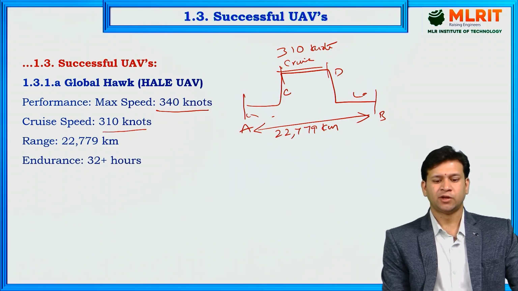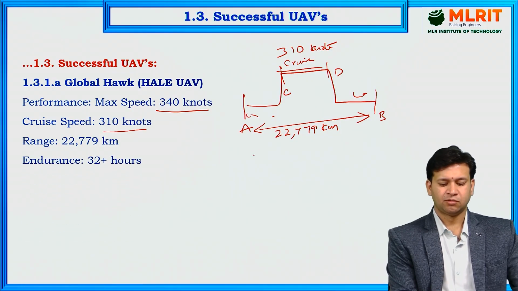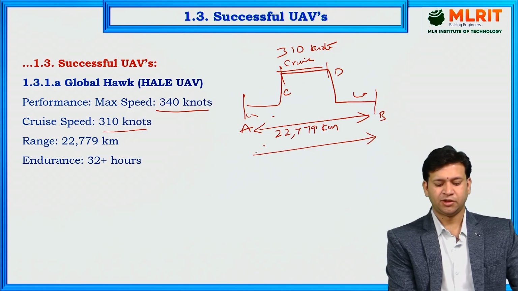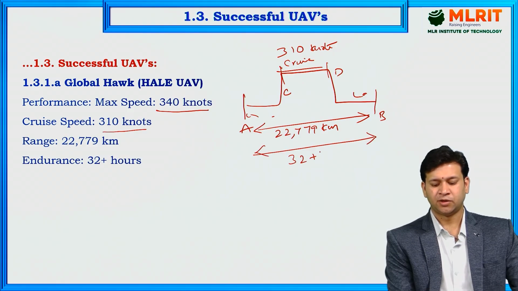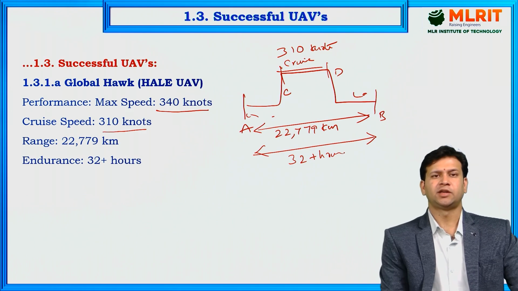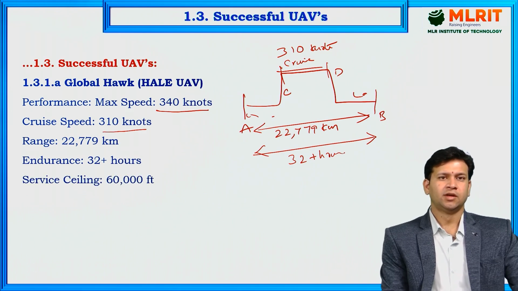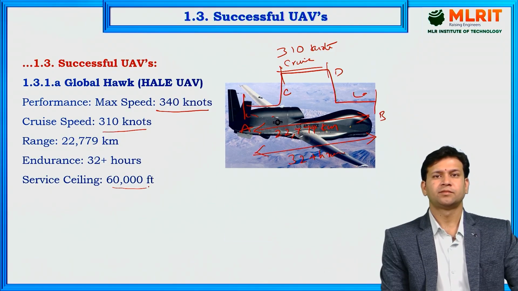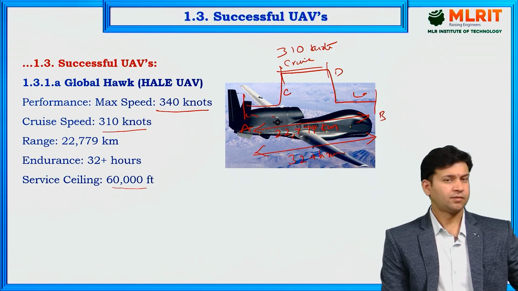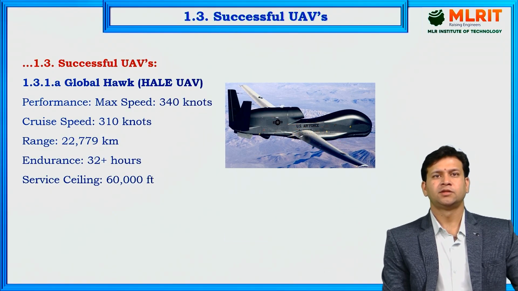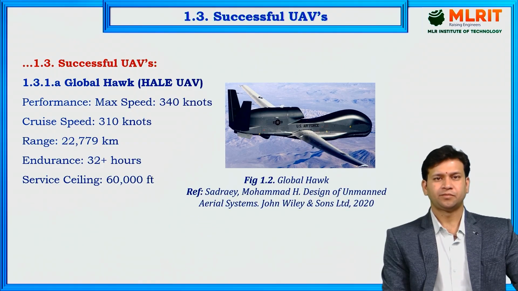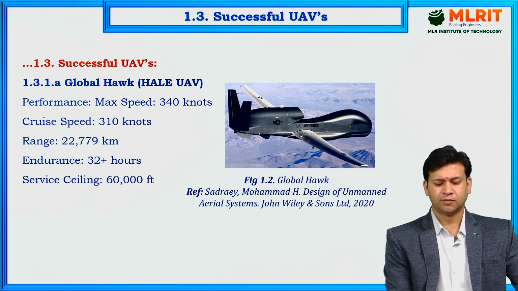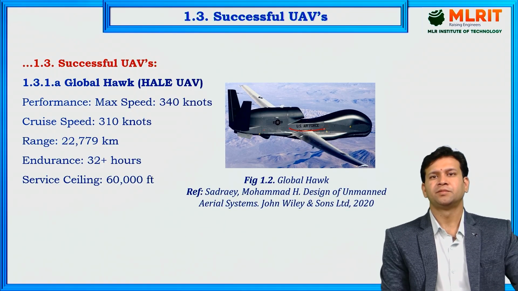Endurance is 32 plus hours. So from this point to this point, it can fly up to 32 plus hours. This is the endurance time. Service ceiling is 60,000 feet. This is the Global Hawk, US Air Force.